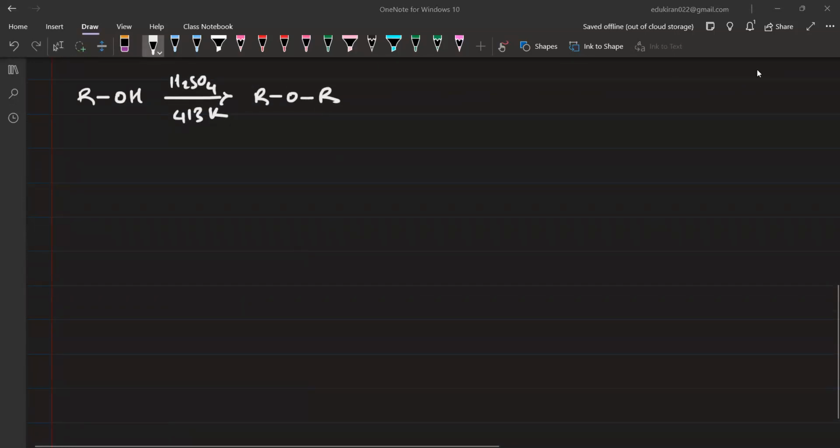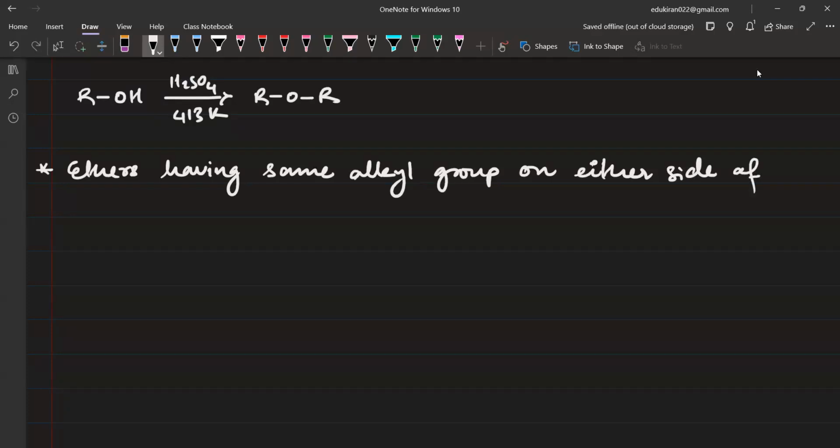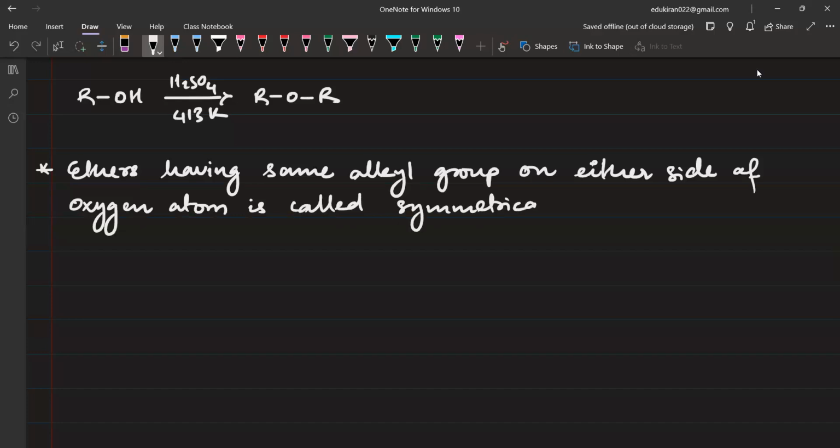Write 2 points and then you write questions. Ethers having same alkyl group on either side of oxygen atom is called symmetrical ether.